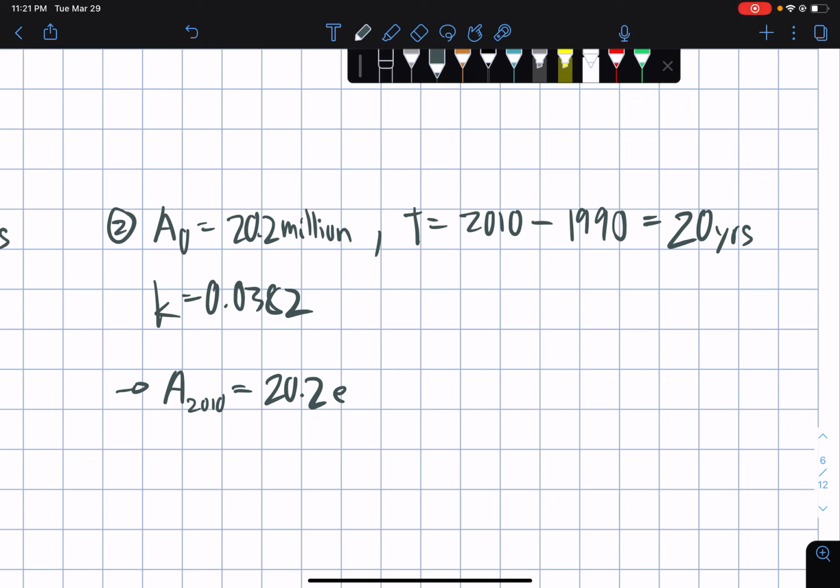Then raised to 0.0382 times 20. 20.2 Euler's number raised to 0.0382 times 20.